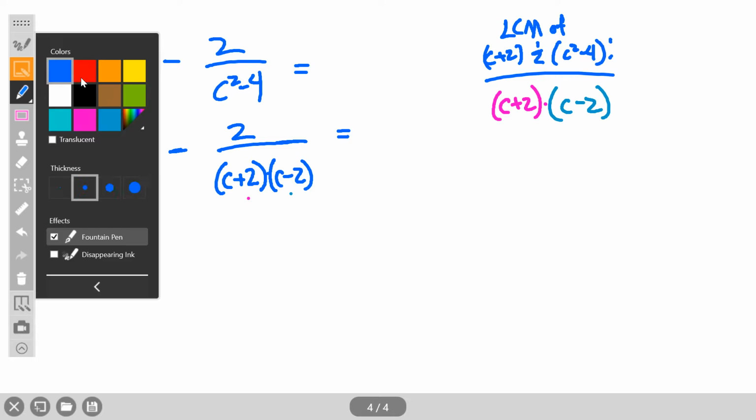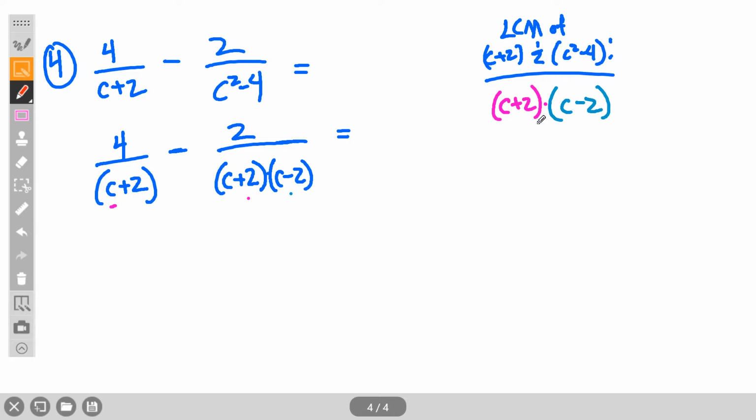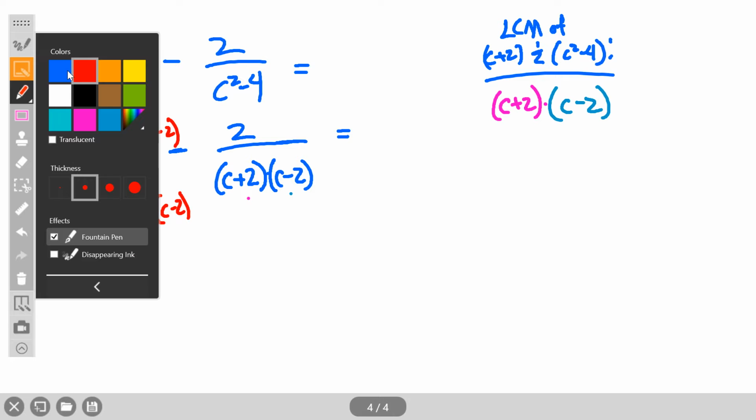So I need to create that for both of these. The first one already has the c plus 2. I need to multiply that by c minus 2 to create the LCD.